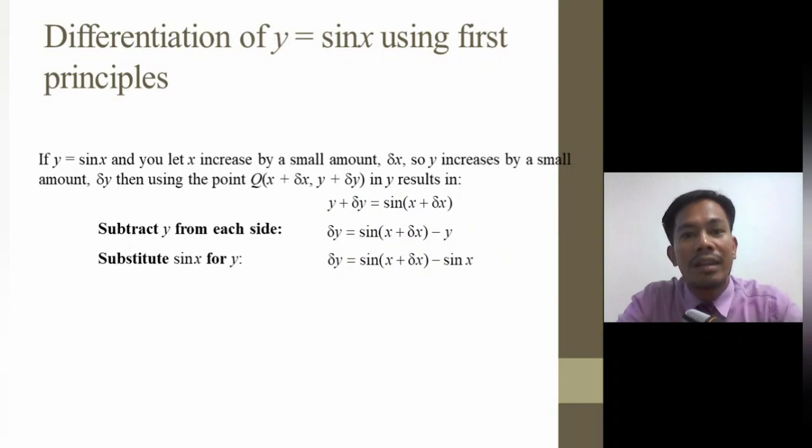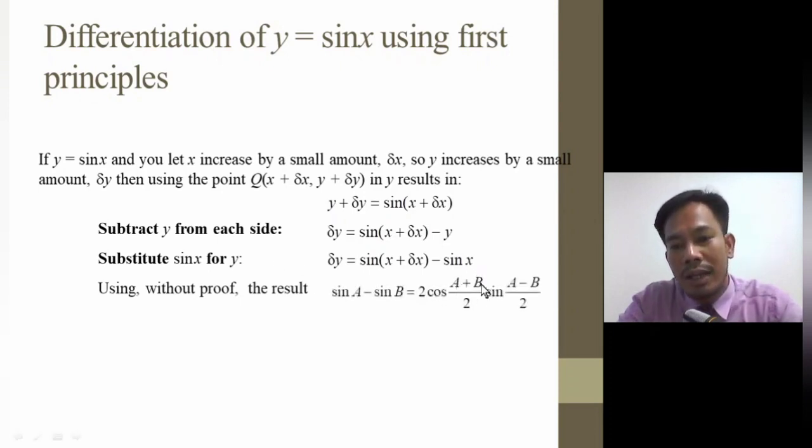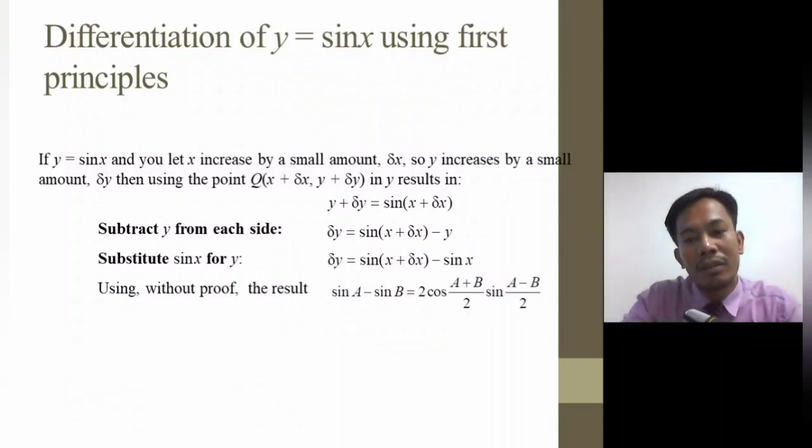There is a rule in trigonometry that if you are subtracting two sines with different angles, it will become 2 cosine of (A plus B) over 2, then sine of (A minus B) over 2. Remember, here A is x plus increment of x, and B is x.